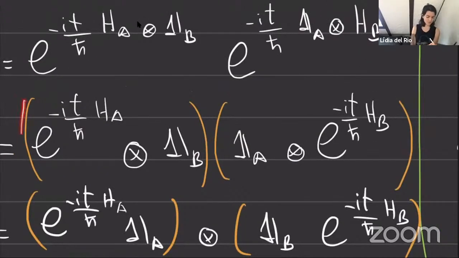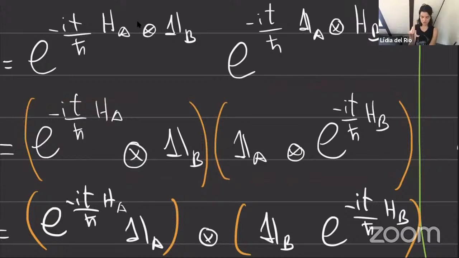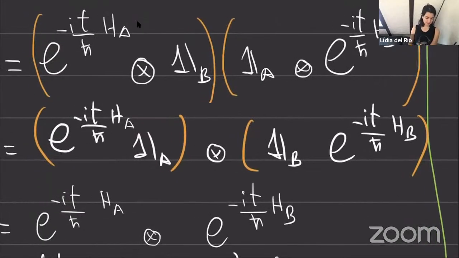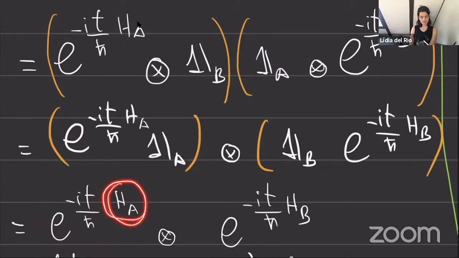Right. So now we have this big matrix multiplied by this big matrix. We just multiply them in the usual way with the tensor product, meaning that on the left, on subsystem A, we have this times this. There we are. And on the right, subsystem B, we have this times that. Now, of course, the identities are not doing anything here by definition. So we're just left on the left with this, which is the exponential of a Hamiltonian times the time t times the usual constants.